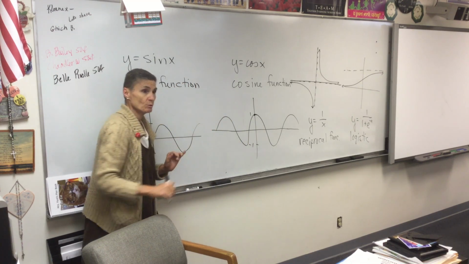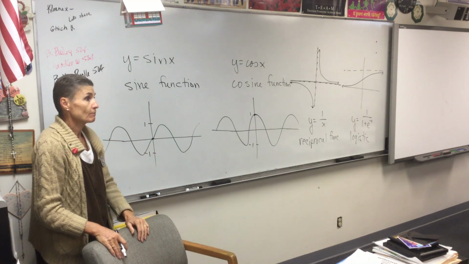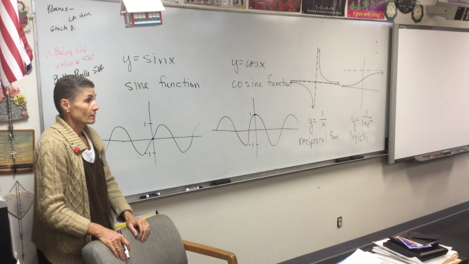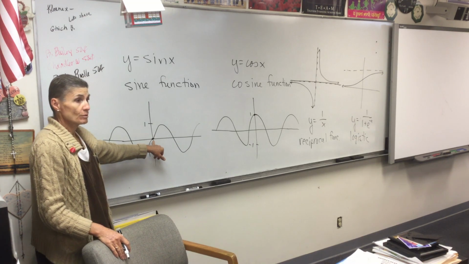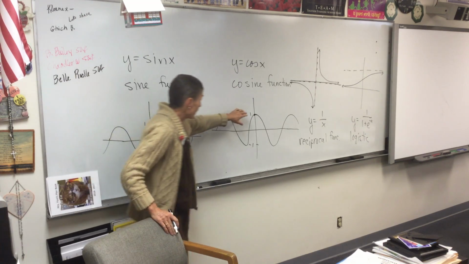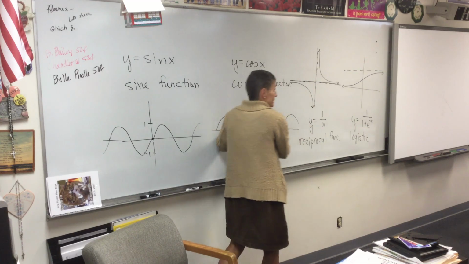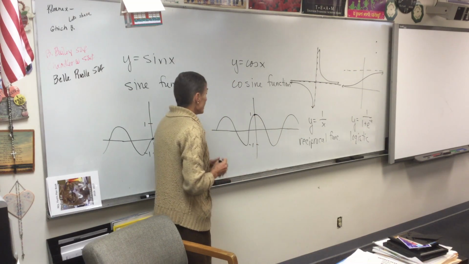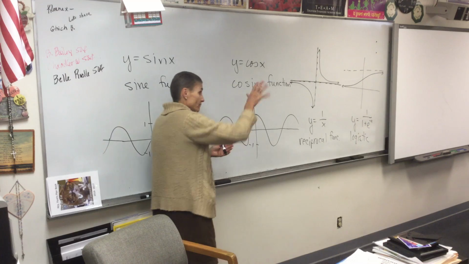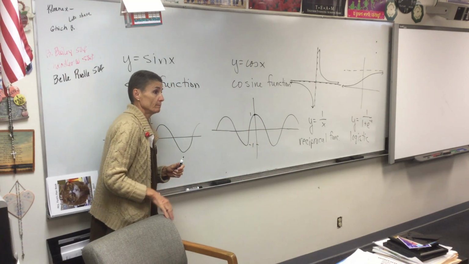Do you see the difference between the two? That's going to be a tricky thing for you to remember. The sine goes through the origin. The cosine starts up here. When I start drawing it, I start up high. They both just kind of oscillate between 1 and -1.